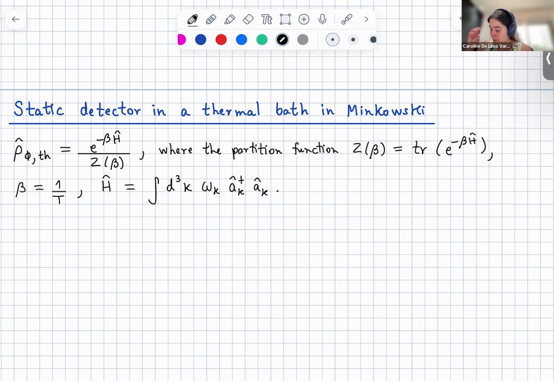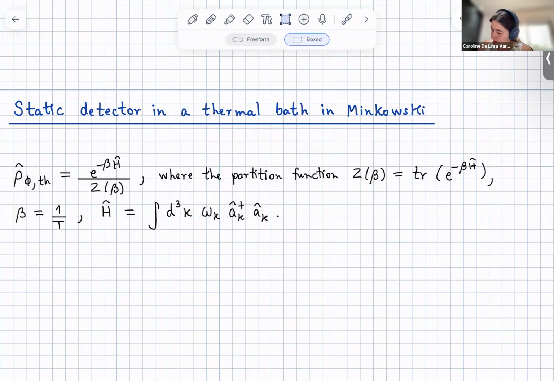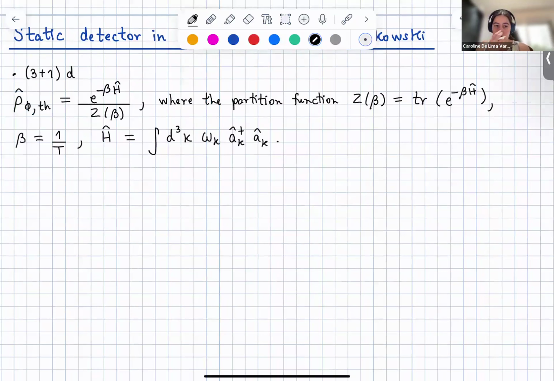So here, implicitly, I already assumed that we are in 3 plus 1 dimensions, okay? So you can see that this 3 comes from the fact that we are in 3 plus 1.